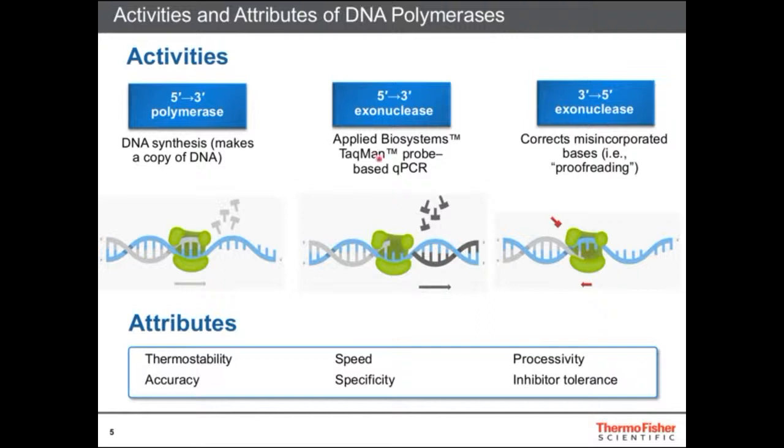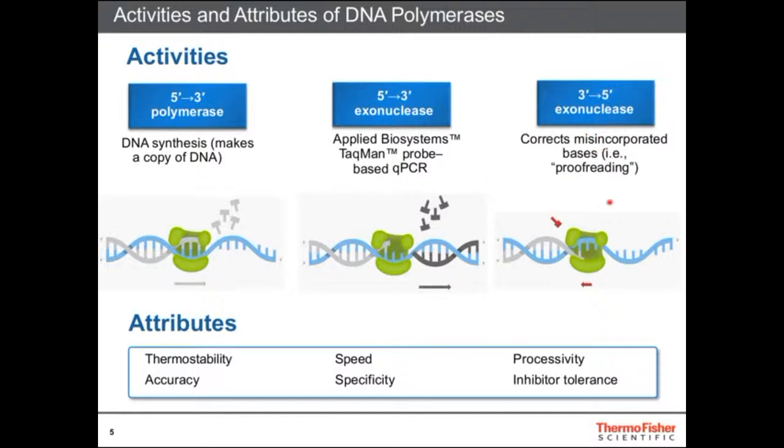Typically, the way TaqMan chemistry works is that a probe is bound. As the polymerase moves along, it will actually encounter the probe, hydrolyze it to release it, and you get fluorescent detection, which is the common way that these probes work in qPCR.